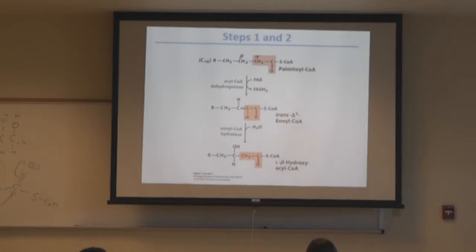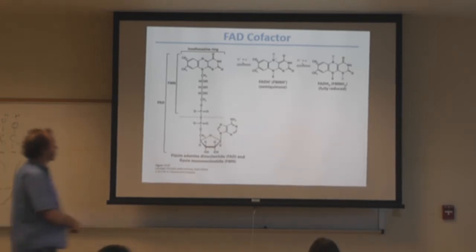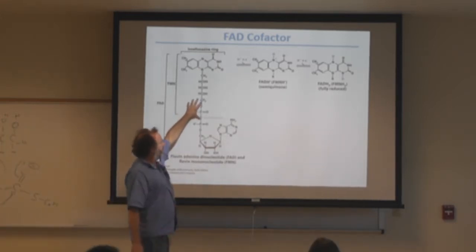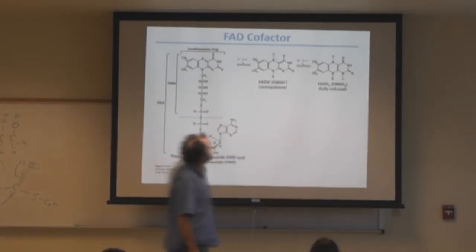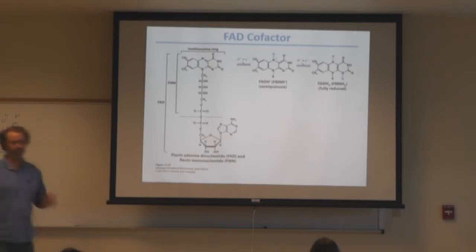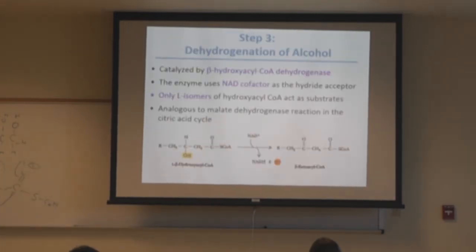The next step's going to be, this is the FAD cofactor, right? So this is what does the first oxidation. So we go from oxidized FAD to the reduced FAD. We get 2 electrons and 2 hydrogen ions total that form this. So dehydrogenation of the alcohol is catalyzed by beta-hydroxyacyl-CoA dehydrogenase.